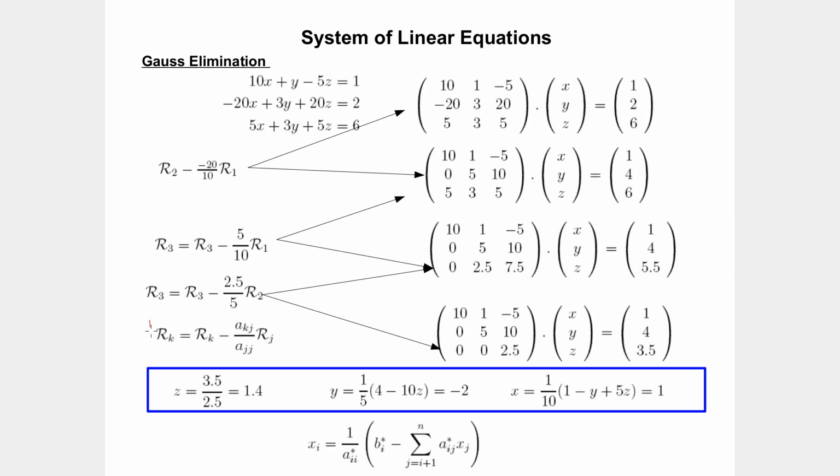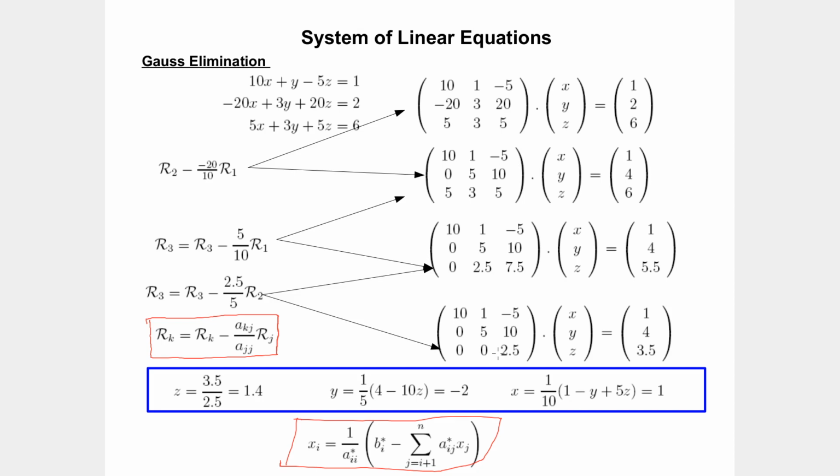This is the algorithm we use to modify each row and make the elements 0 one by one. After getting the upper triangular matrix, this is the back substitution algorithm. We don't need an explanation, it is very simple. These are the two algorithms that perform upper triangularization and solve for the solution.